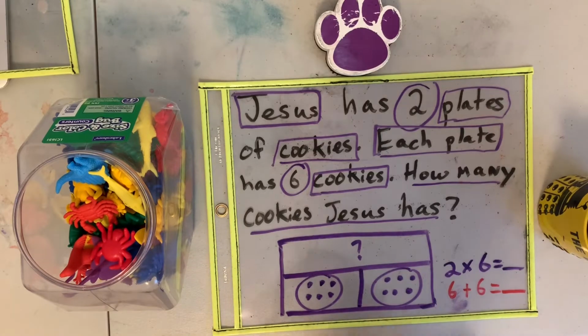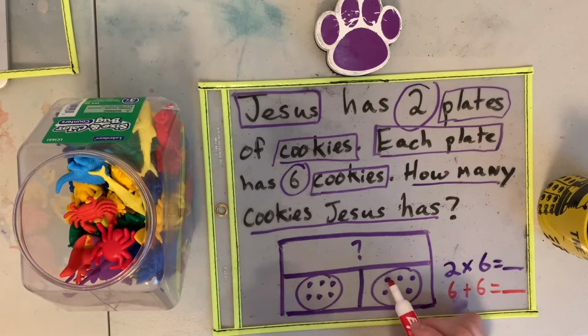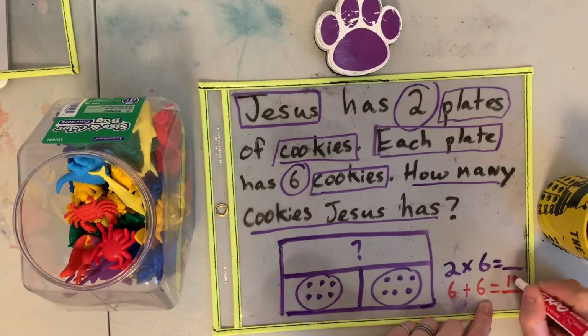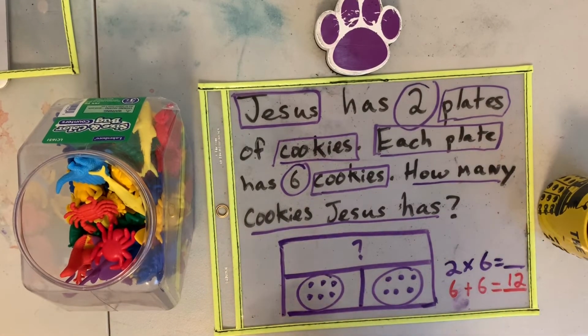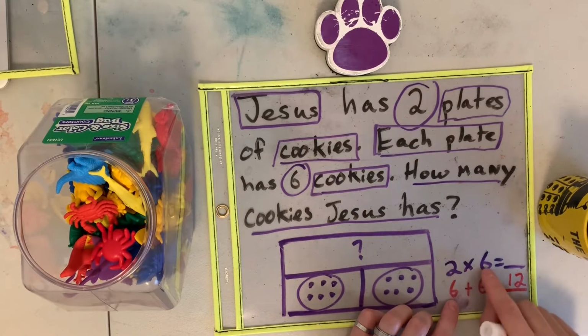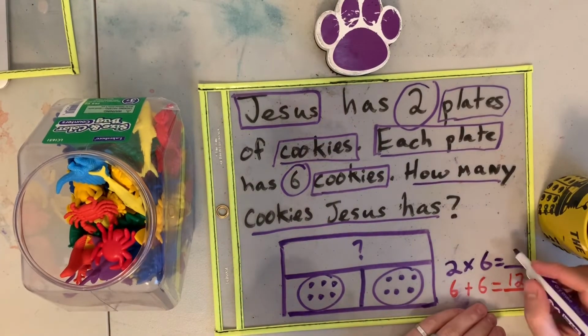Así que pensemos bien. ¿Qué es 6 más 6? 1, 2, 3, 4, 5, 6, 7, 8, 9, 10, 11, 12. 6 plus 6 equals 12. So this means that 2 times 6, because tenemos 2 veces 6, equals 12.